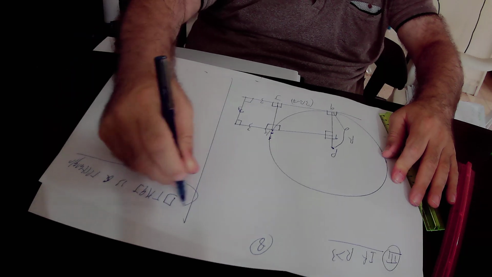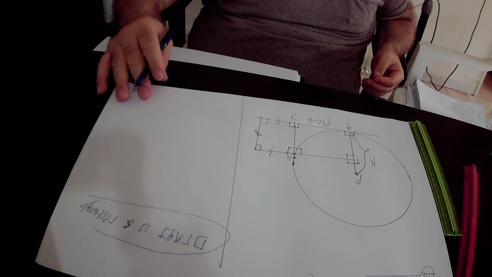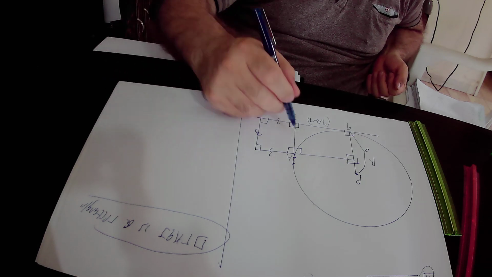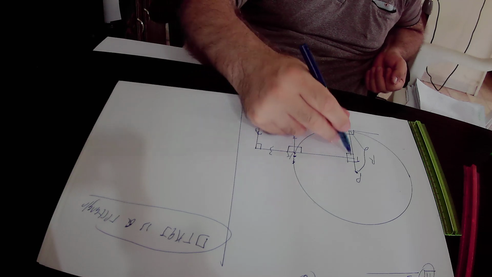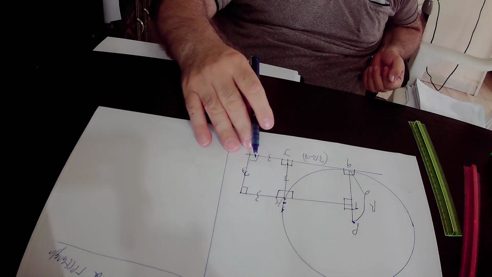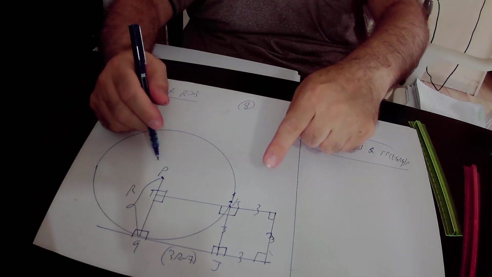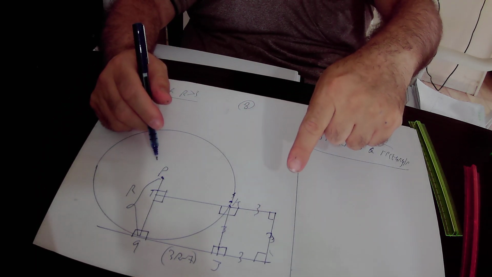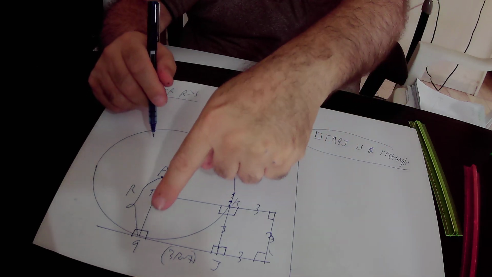And we know that the opposite sides of a rectangle are equal to each other. That is to say KJ equals TQ.